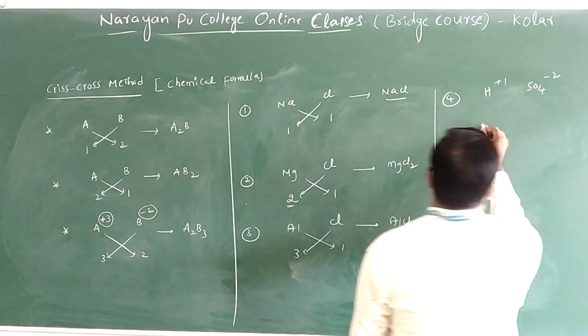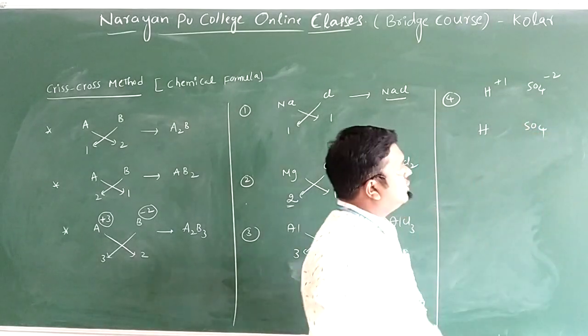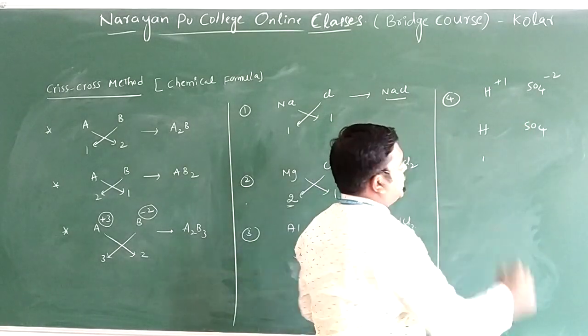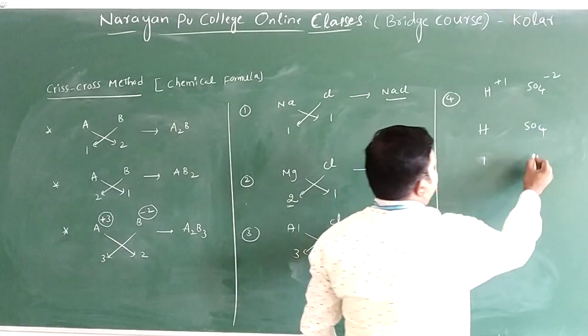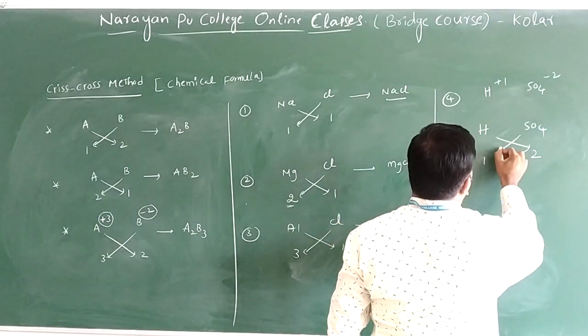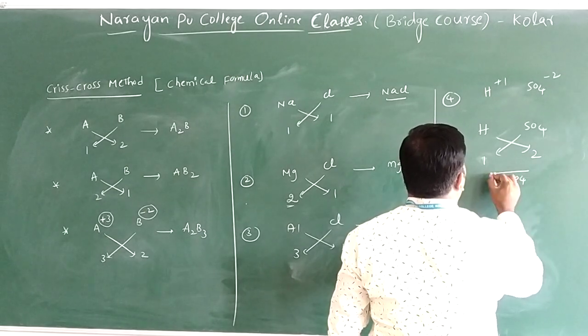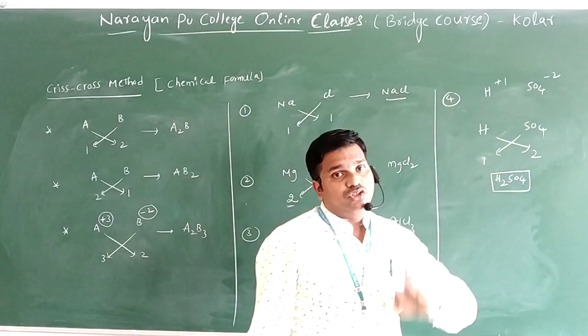Here I am writing H and here SO4. What are the charges given? Plus 1, so we take 1. Here for SO4 the charge given is 2. Then what compound will we get? H2SO4. This is for ions.